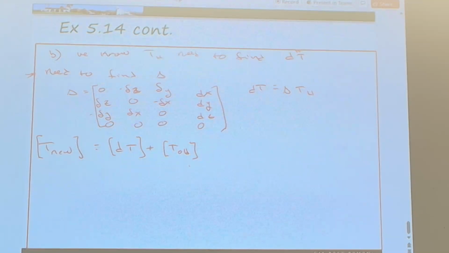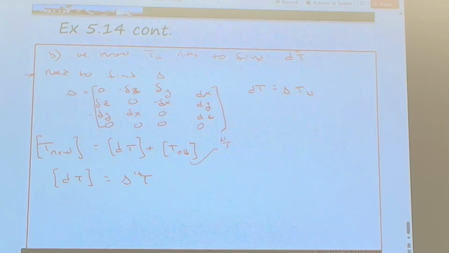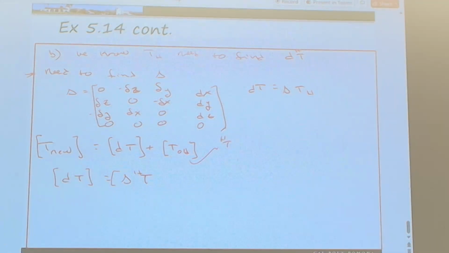Exactly, so this is TH. And how do we find delta T? Delta times TH. No, dt equals delta times TH.